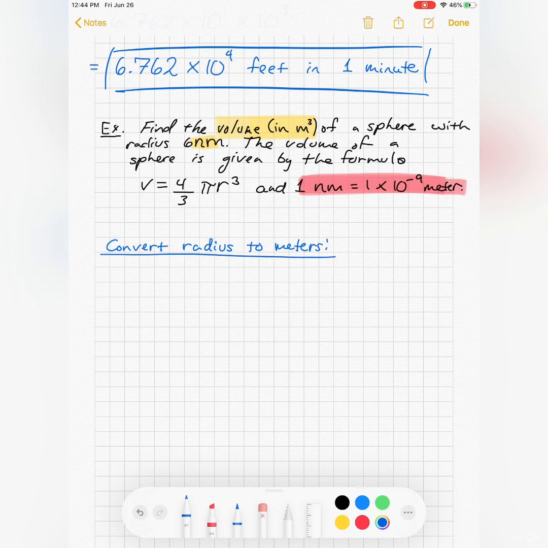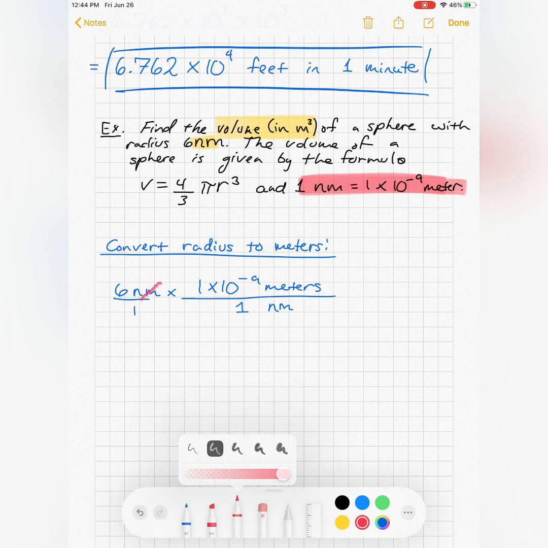Okay. So here I have to do a little unit conversion. So I have that 6 nanometers. And then let's see. So I need to get rid of the nanometers. So that's going to be in the bottom. So I know the 1 nanometer is equivalent to 1 times 10 to the negative 9 meters. Okay, so when I multiply straight across here, I'm able to cancel the nanometers, right?